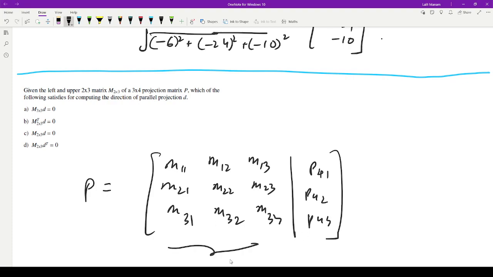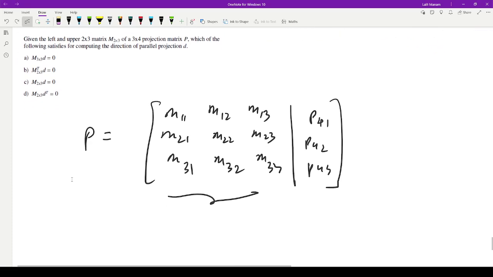So this is the matrix M that we have seen in the class lectures, and this is P4, the fourth column of the matrix P.